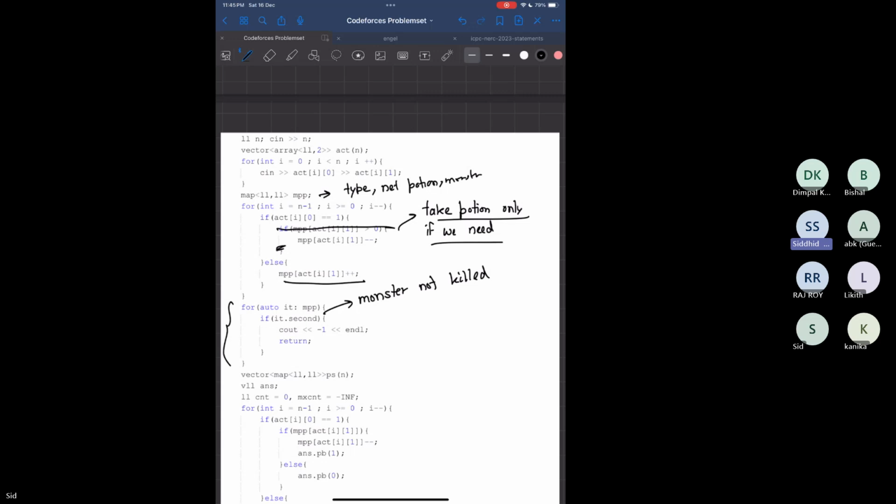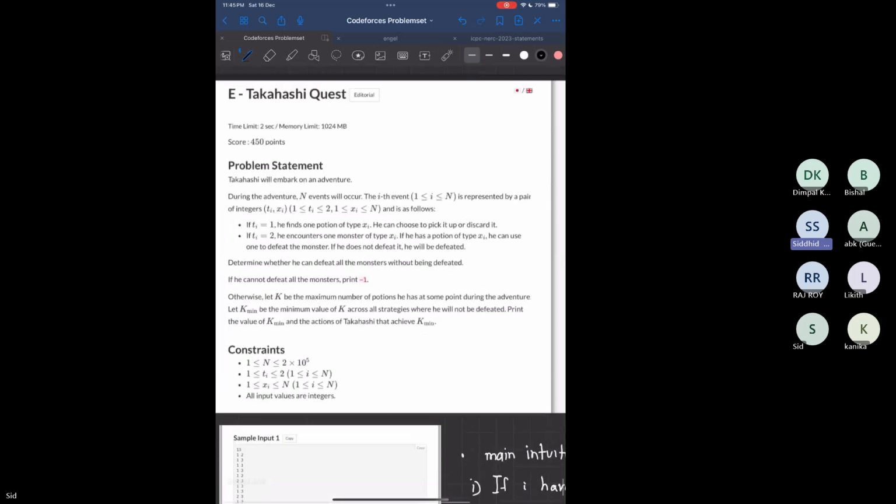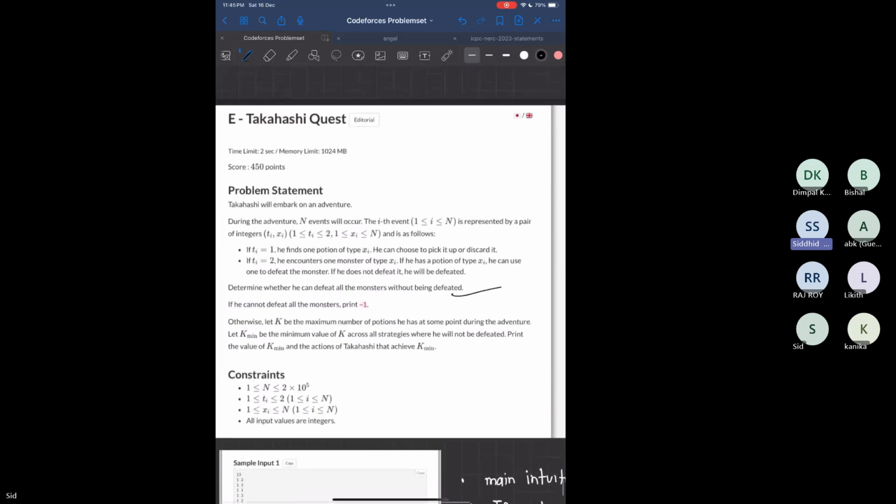What this is saying is if it dot second, basically that net monster or potion part, is positive or not. If it is positive, what does it mean? It means that monster of that type I has not been killed. In that case, we are doing a -1. So after this point, we know that all monsters can be killed, right? So we did not worry about whether it can be killed or not. Now we have solved the first thing, if they can be defeated or not.